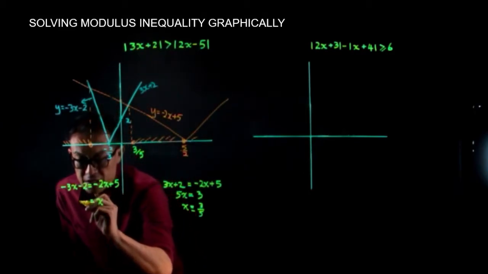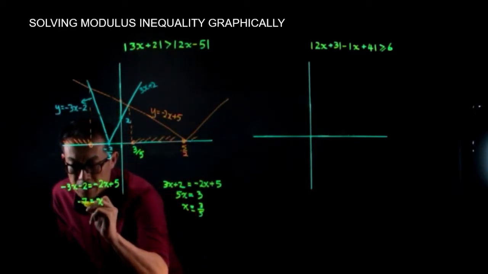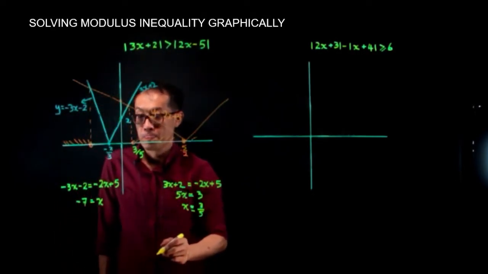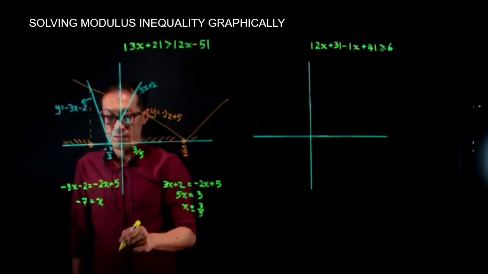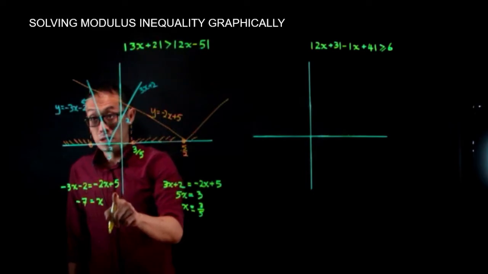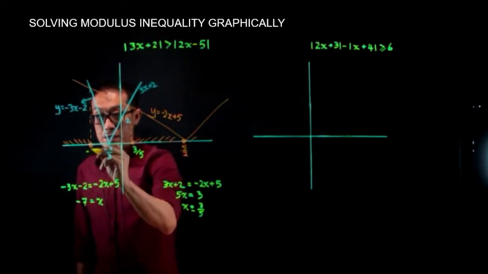Minus 5 on both sides, you got minus 7 here. So this point here is minus 7.